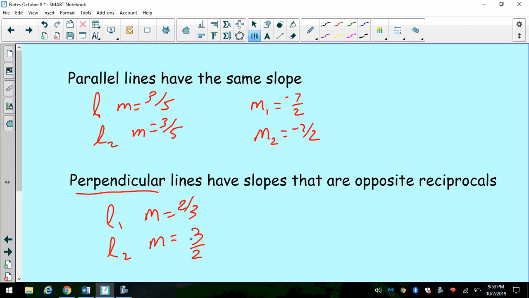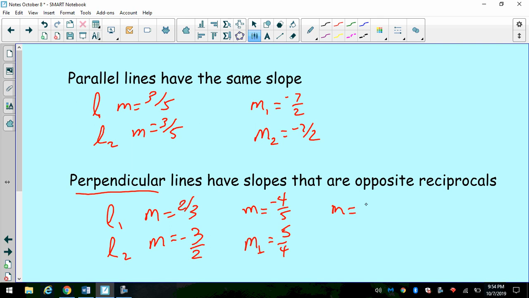Since the original was 2/3, this one's going to be -3/2. If the original was -4/5, the perpendicular one would be 5/4. We turn it over and we take the opposite of it. So the opposite of a negative is a positive. The opposite of a positive is a negative.